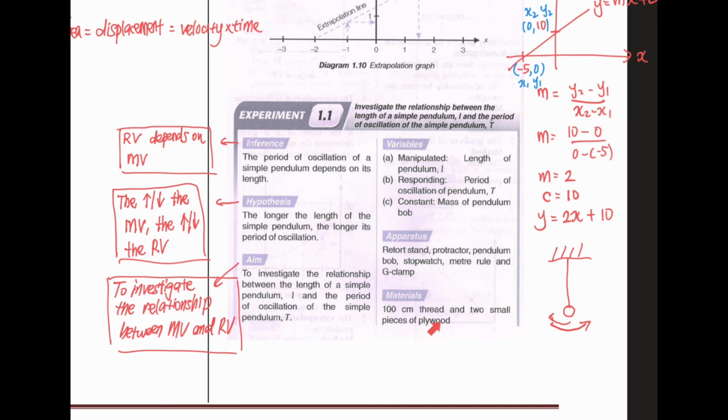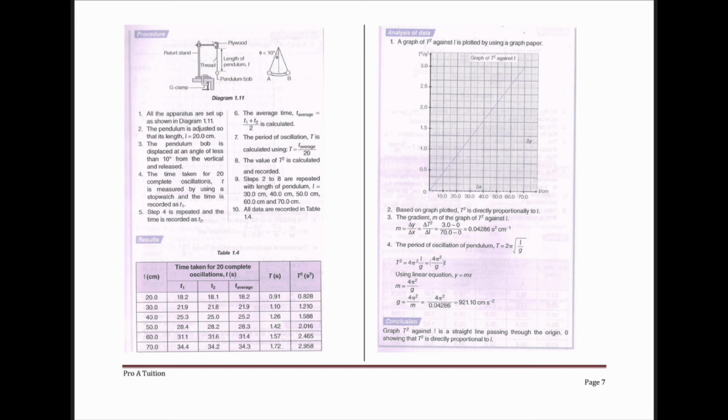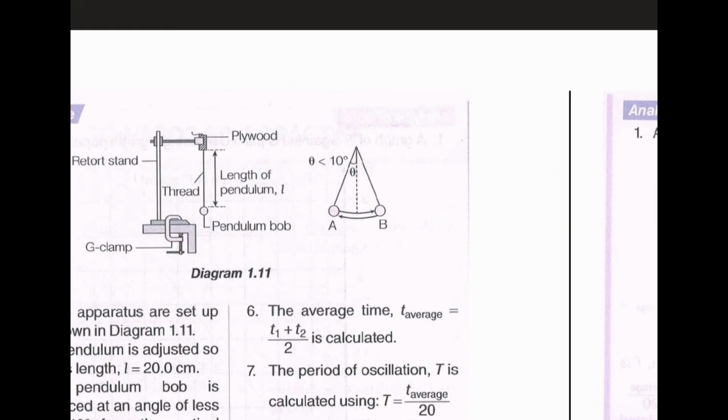So let's move on. You can see why they use plywood. They put the plywood in between the G-clamp. The plywood is to hold the thread, and then you have the pendulum here, then you swing. Of course you have to set your angle, then you swing, and you count the period.